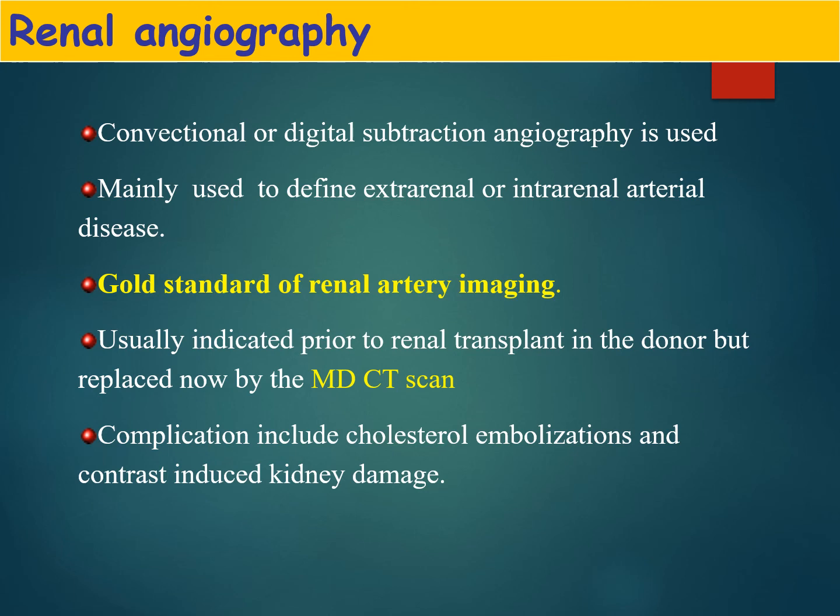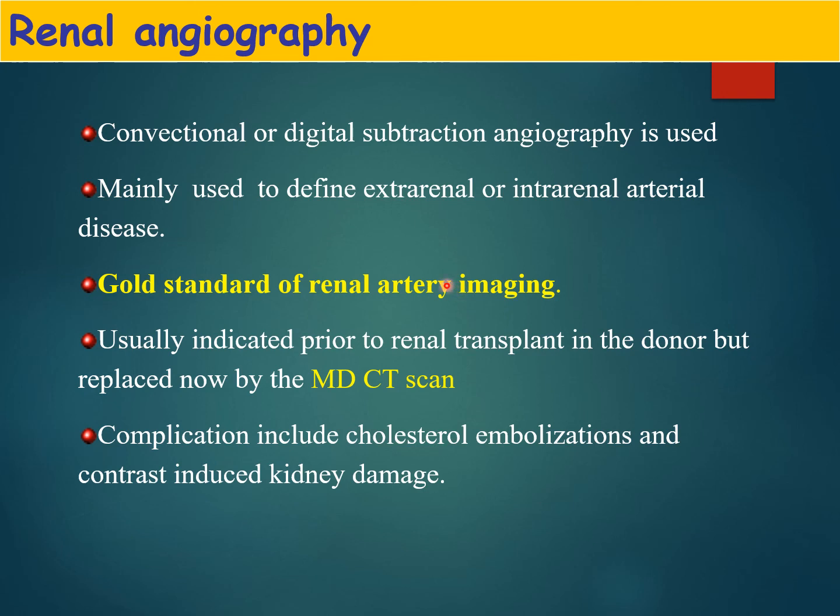For renal angiography, and this is the selective angiography, we are going through the femoral artery, one of the big vessels. The gold standard is the renal artery imaging or renal angiography. Sometimes you are going through the femoral artery, reaching the renal artery.